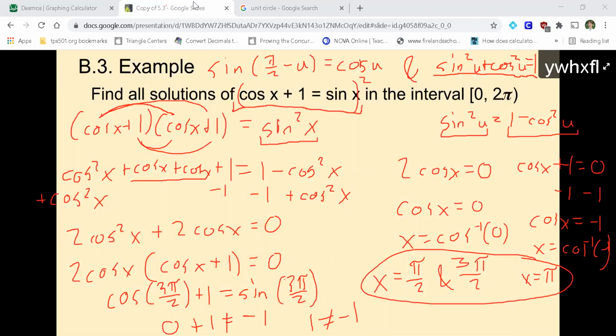That's not true. But when we squared these, it took that answer of -1 and made it a +1, right? And 1 does equal +1. So when we squared these at the very beginning, we created this extra solution because we squared this negative answer and made it a positive, which then matched. So this answer is not real. It is extraneous. The only actual solutions are pi over 2 and pi.